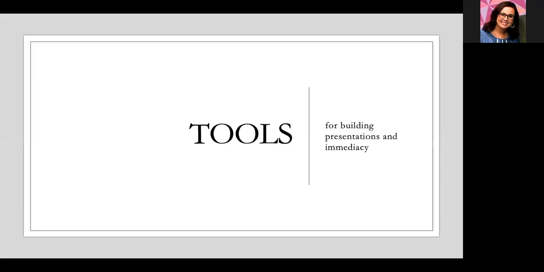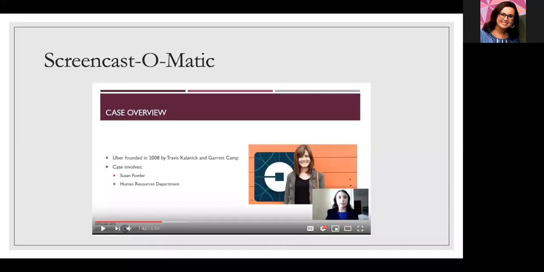Okay, and then I wanted to talk briefly about a few different tools that we've used in our courses online, and I've used a couple of these in my on-campus courses as well, that are great for presentations, but are also good tools for building immediacy within the classroom. So the first tool is called Screencast-O-Matic, and this one is free to download, and it allows the student to display their screen, but also to be able to see the student when they're giving their presentation.